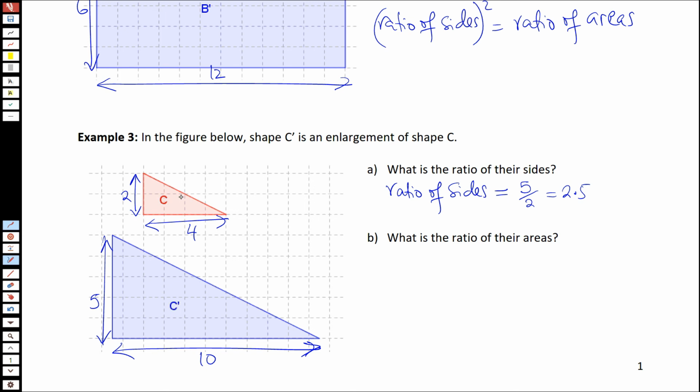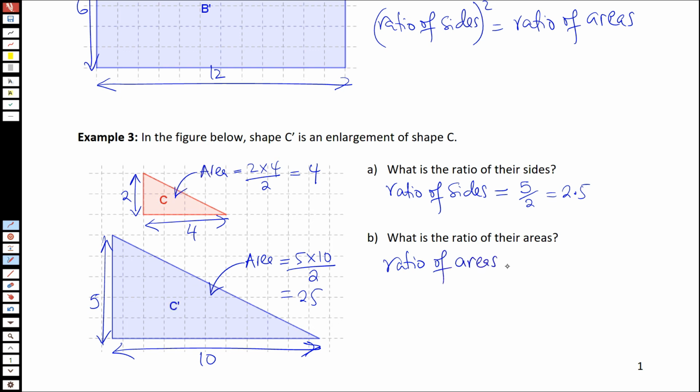Now let's find the areas of these two triangles. We know that the area of a triangle is base multiplied by height divided by 2. So this will just be equal to 4. And the area for this will be base multiplied by height divided by 2, which will be equal to 25. So the ratio of areas for these two triangles will be equal to 25 divided by 4, which is 6.25.